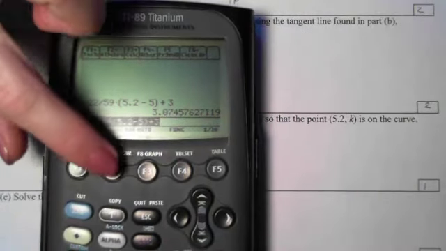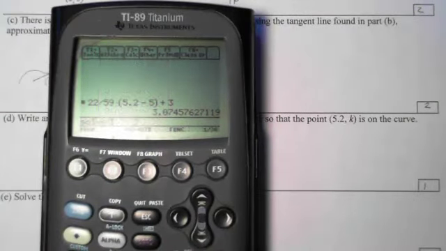I'll go to my F2 menu. I'm going to solve for when negative 6 times k cubed minus 3 times 5.2 times k plus 5.2 cubed needs to equal negative 82, and I'm solving with respect to k.